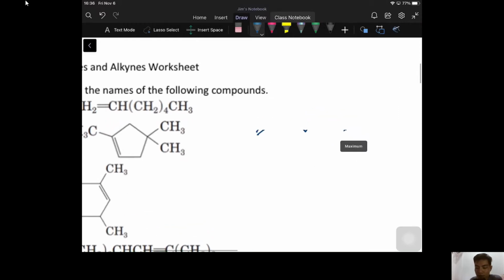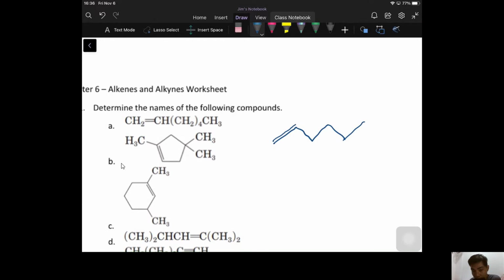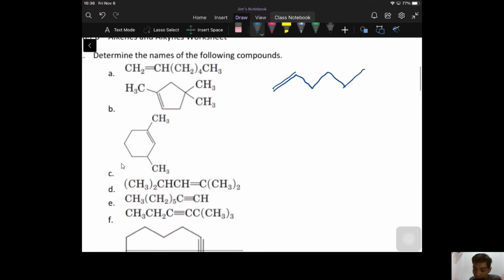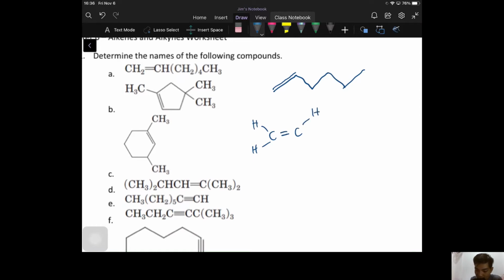Kapag confused, mag-Lewis structure. Gawin natin yung Lewis structure para makita nyo. CH2, may double bond daw. Tapos CH, then your CH2 na apat. Then your CH3.